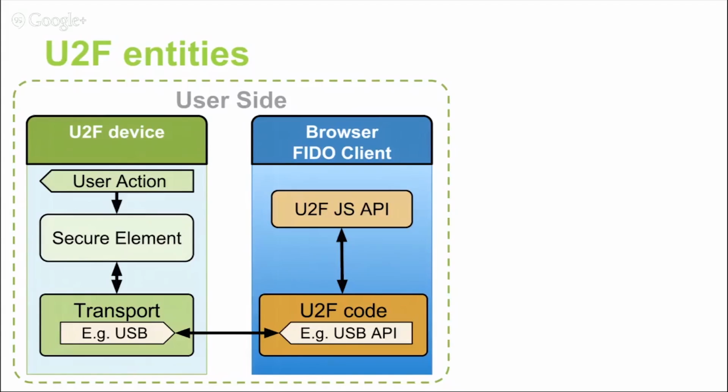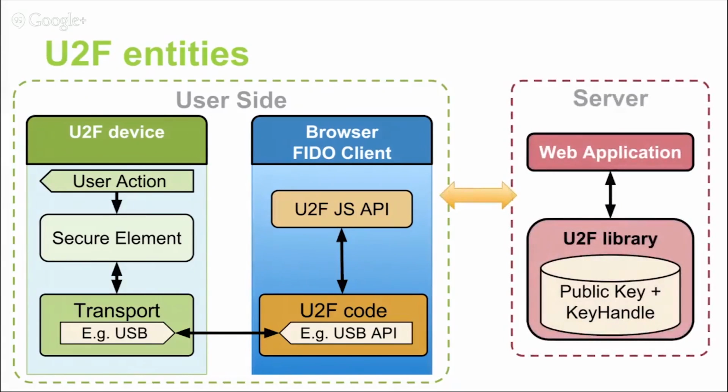So the browser has the capability to talk to the USB device since it's running native code on the machine. Web pages can't talk directly to the U2F device. They have to go through the exposed API, which is the U2F JavaScript API. So those two parts kind of form the user side of things.